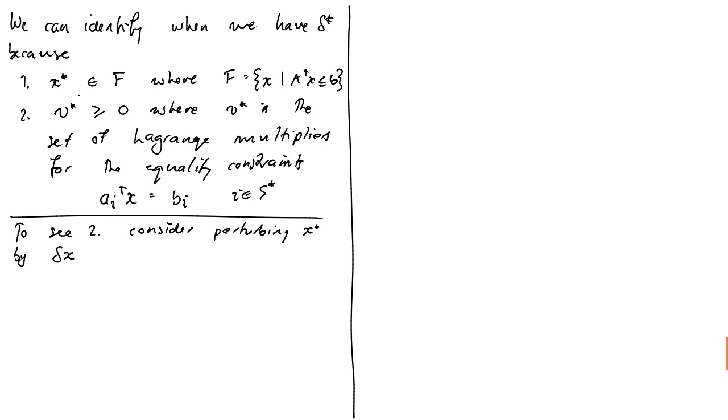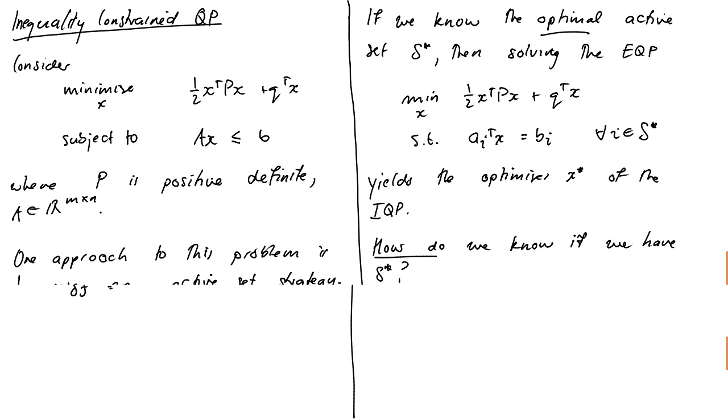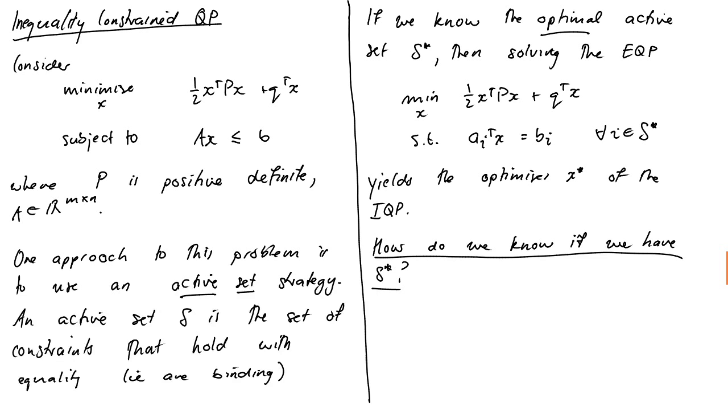If we can, then we're not optimal, and we'll show that whether or not we can do that depends on the sign of these Lagrange multipliers. So just from the result we had before, the corresponding change in f is equal to negative delta x transpose. So let's just see what we had before.